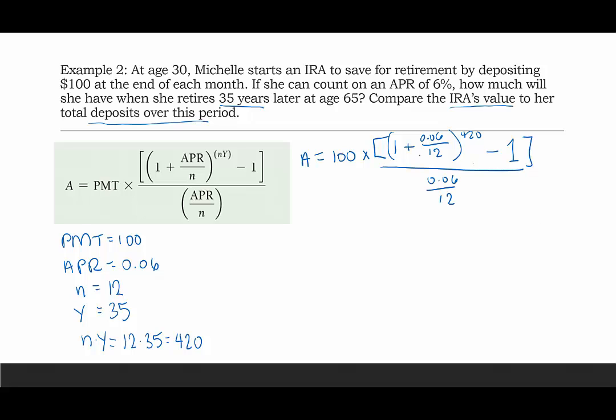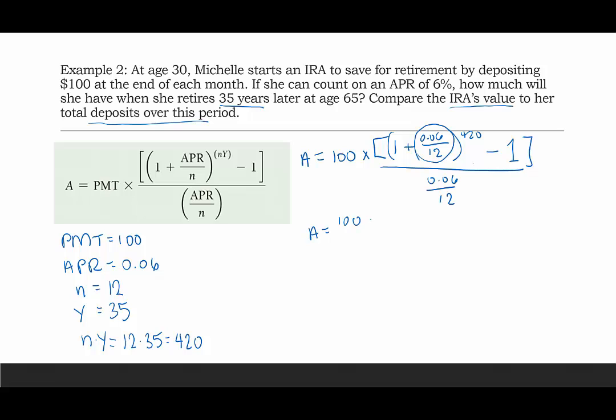Following order of operations, first we do 0.06 divided by 12, which is 0.005. Then we add 1 to that, so that's 1.005. Raise it to the 420th. That ends up being 8.12355. Subtract 1 from it. I'm just trying to save space here because we have a little more work to do.